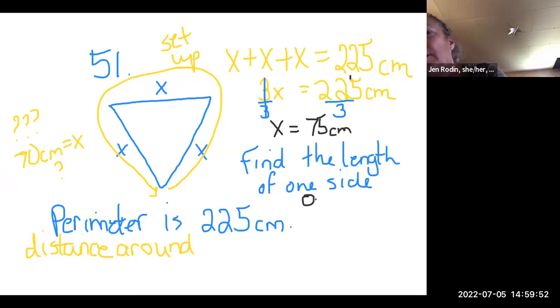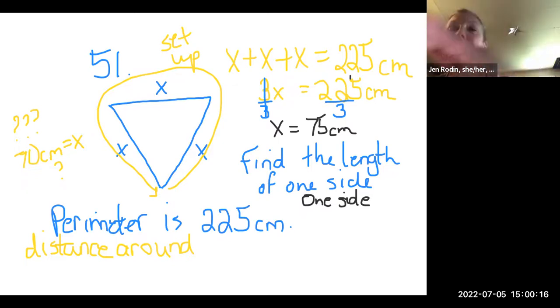centimeters. And then we write the answer just a lot like if you have taken Lakota Language 1. If they ask you a question, you use the words of the question for your answer, like how old are you? I am this age. Where are you going? I am going here.